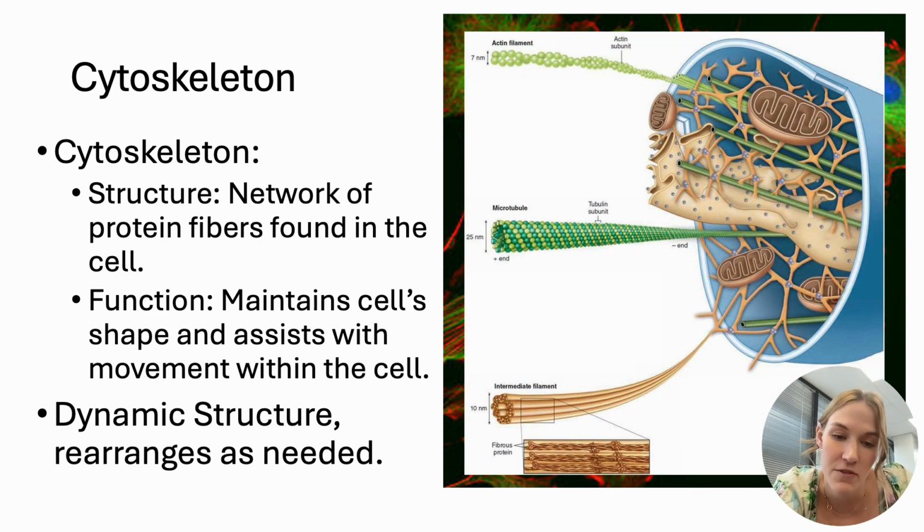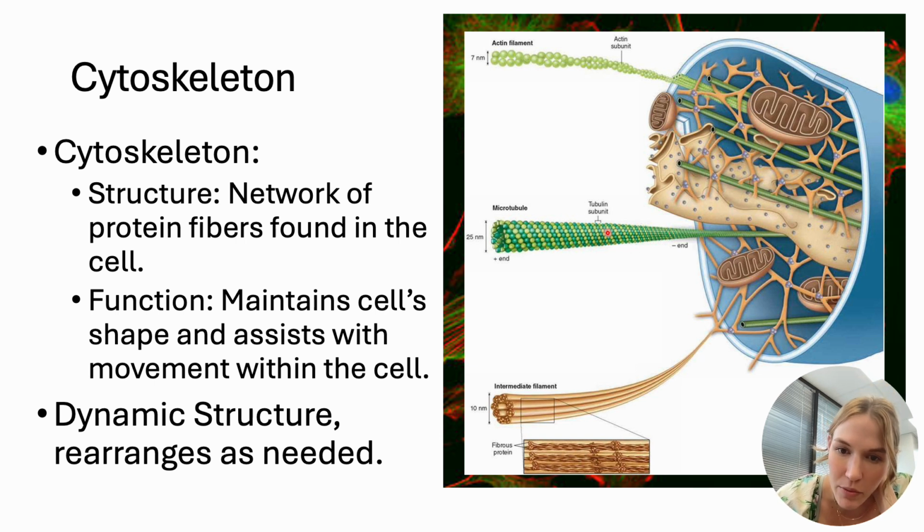So we see in this final bullet point that it has a dynamic structure, and it'll rearrange as needed. So it's a little hard to see in this image, but you might be able to see all these little dots. These little dots are basically tiny little monomers of tubulin.